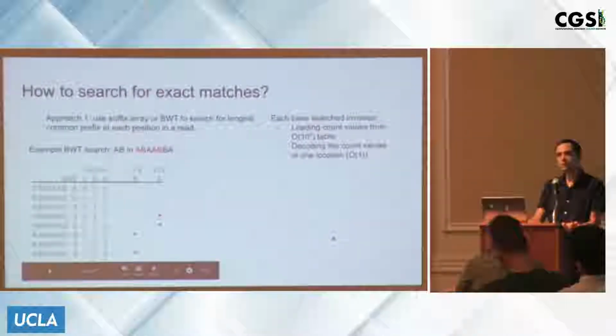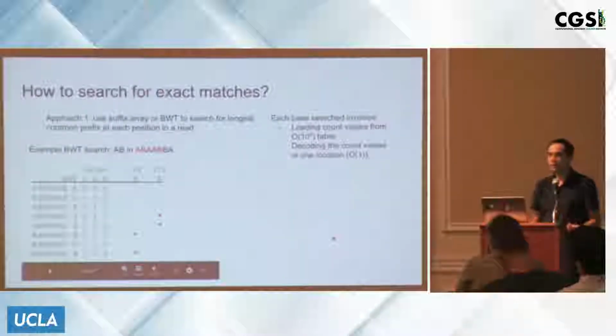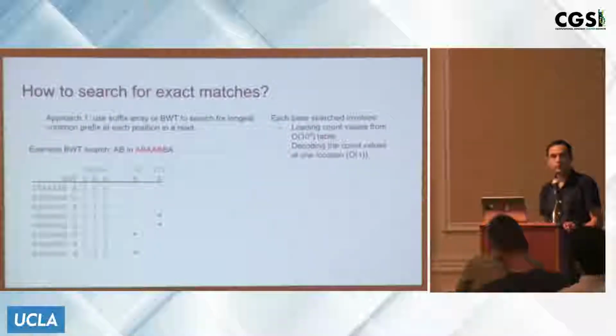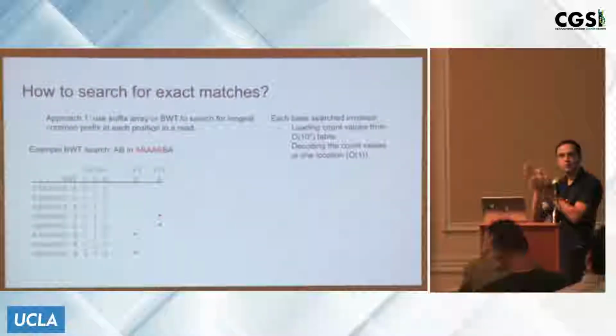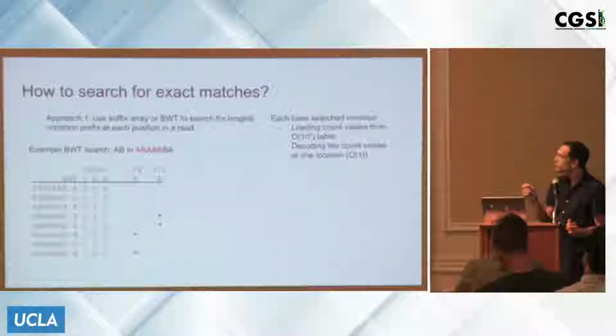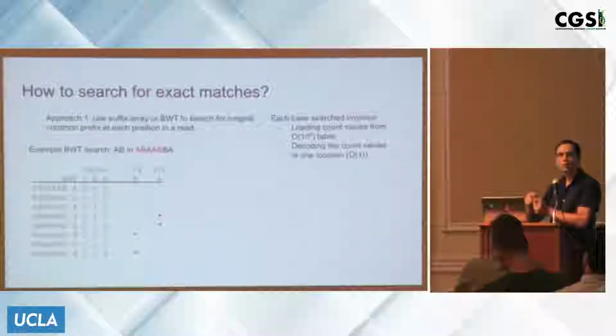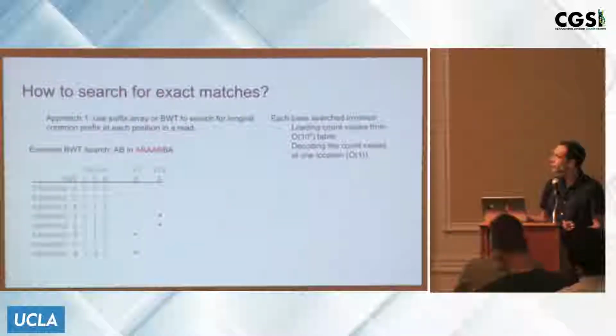And this all isn't super necessary to know for the time being. What's mostly critical to know is that for every base that you're matching, we essentially match the first base of a read to all such, sorry, the Burrows-Wheeler transform allows you to do something akin to a longest common prefix, or longest common suffix if you reverse a sequence.